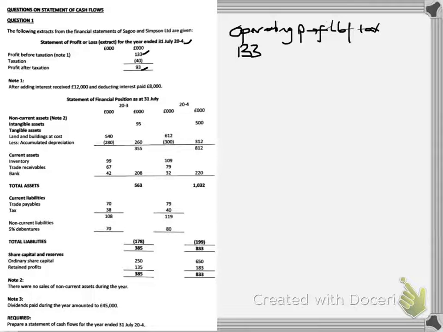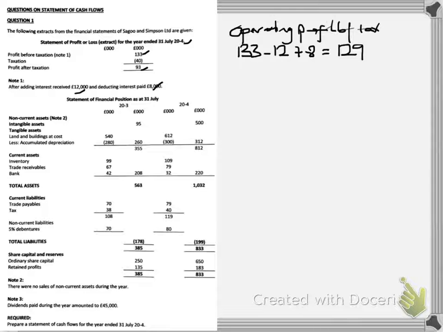So what we will do now is to minus the interest received of 12 and add back interest paid of 8. So that will give us 129.